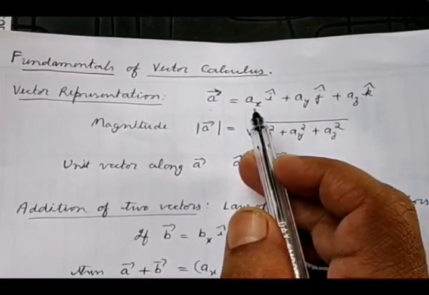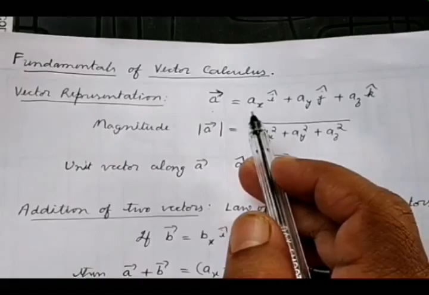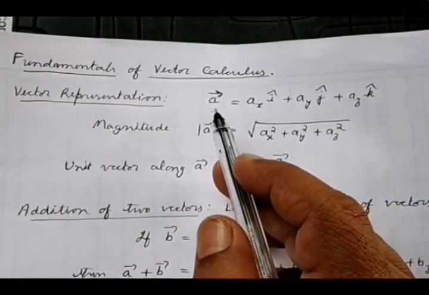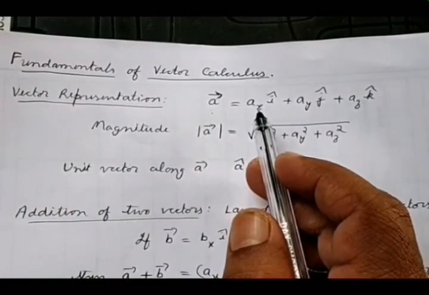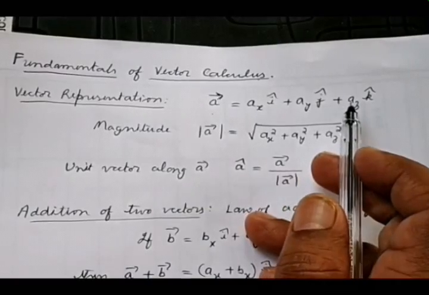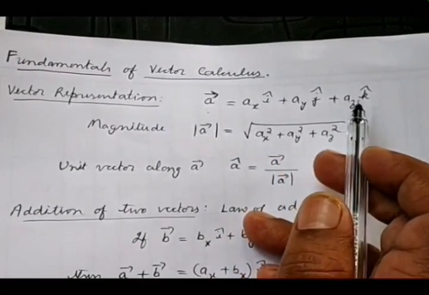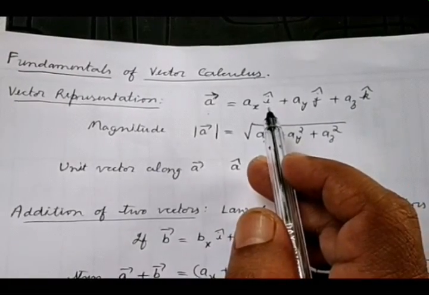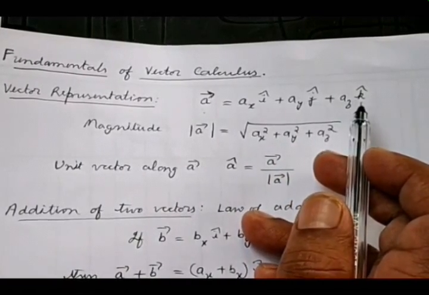So this is called the Cartesian coordinate representation of a vector. ax, ay, az are the components of the vector A bar along the three axes, that is x axis, y axis and z axis. i cap, j cap and k cap are called the unit vectors along x axis, y axis and z axis respectively.